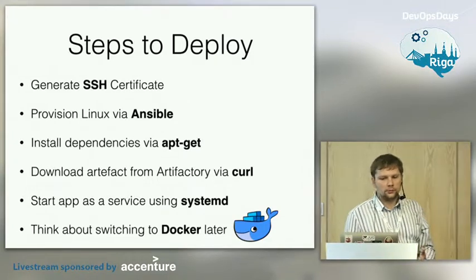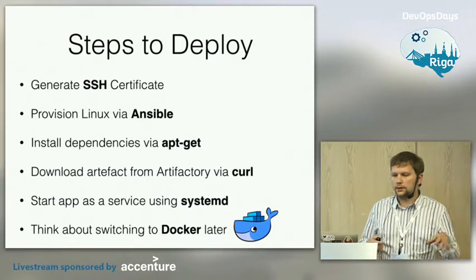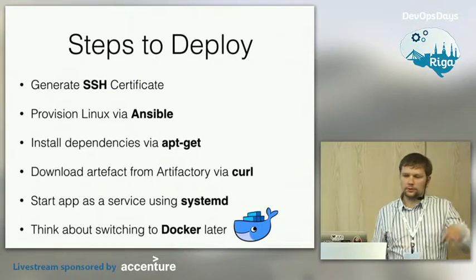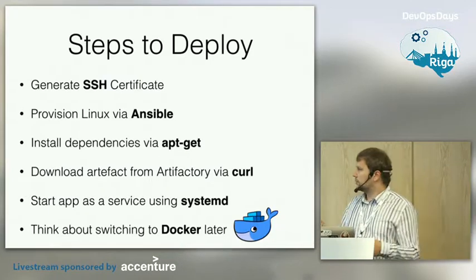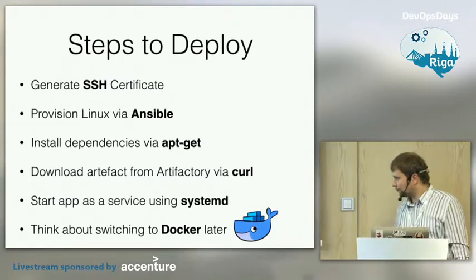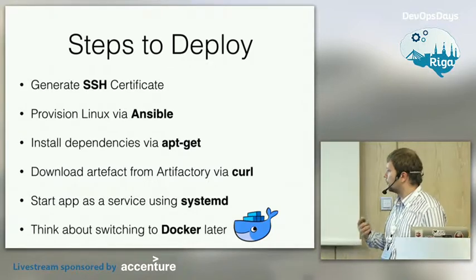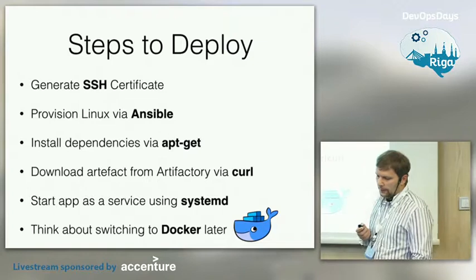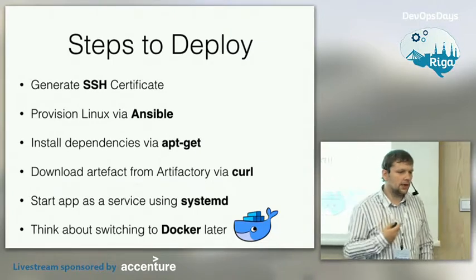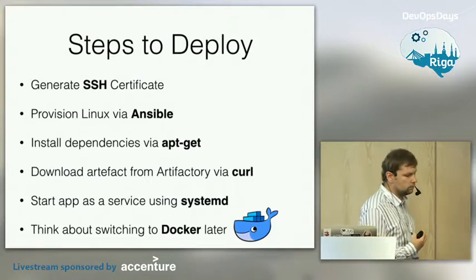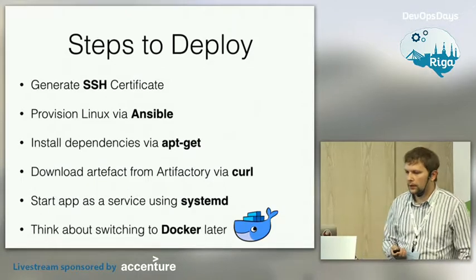You provision Linux, install some dependencies via apt-get, download the artifact with curl, start the app using systemd or serviced, and then you think, oh, but I should actually consider Docker for immutable infrastructure. And so I should spend a little bit of time on this project in order to improve, right?